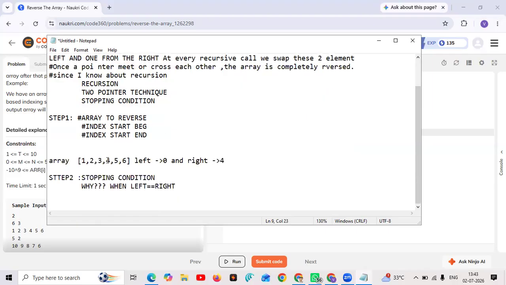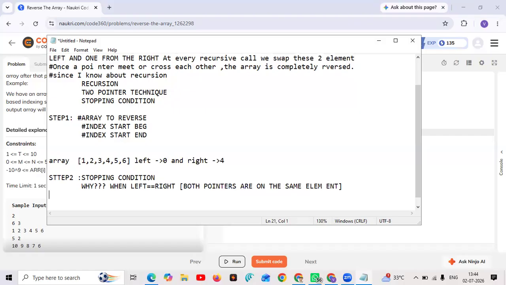For example, they meet at 3, or 4, or 5, or 6, whatsoever. That means left is right. So both pointers are on the same element.